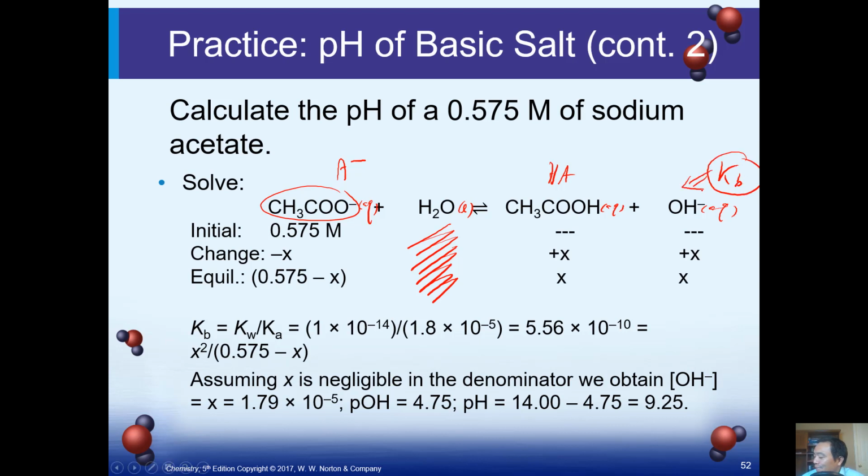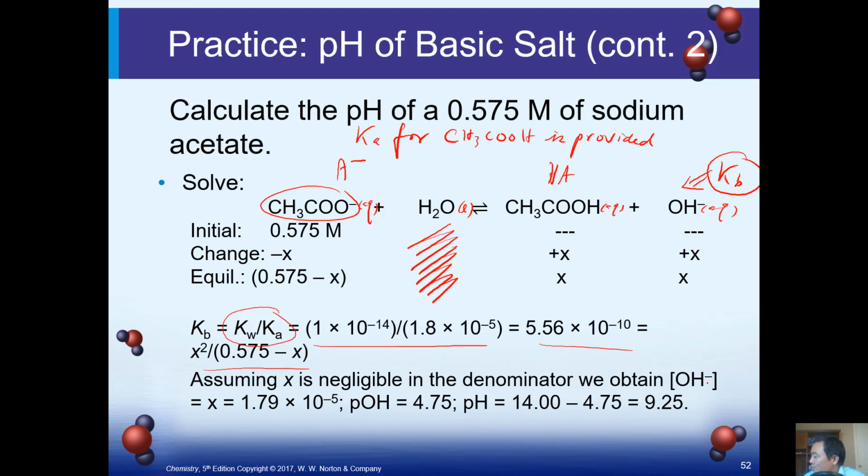That's why you use Kb, not Ka, although Ka for acetic acid is provided. But you're not going to use that one because you're going to use Kb for base ionization. So do Kw over Ka, you get your Kb, and you do the calculation using the small x approximation.